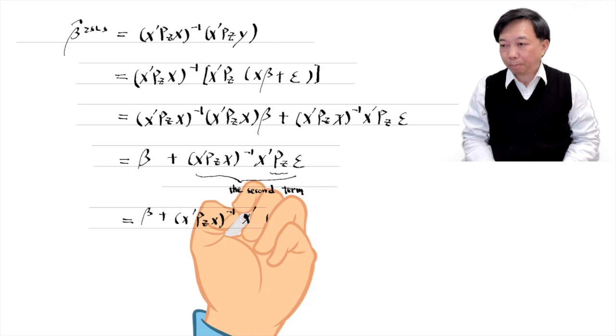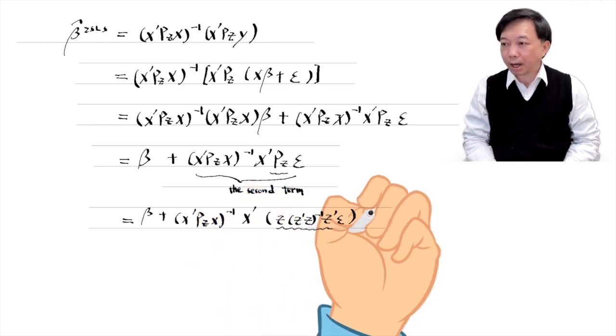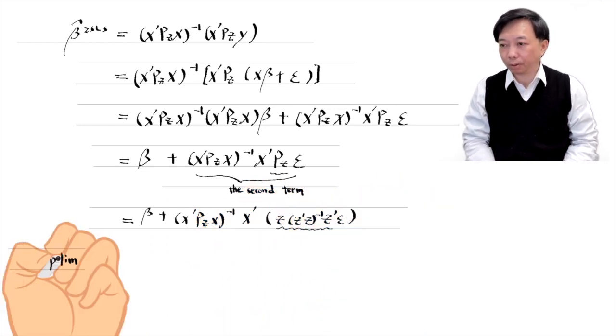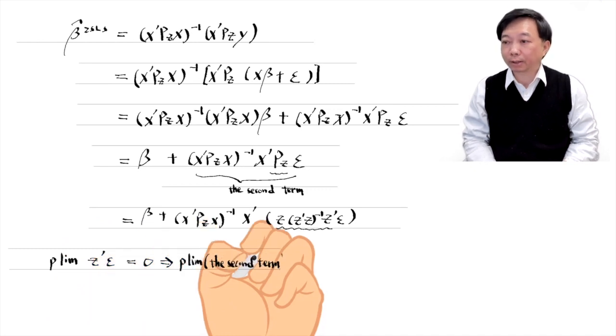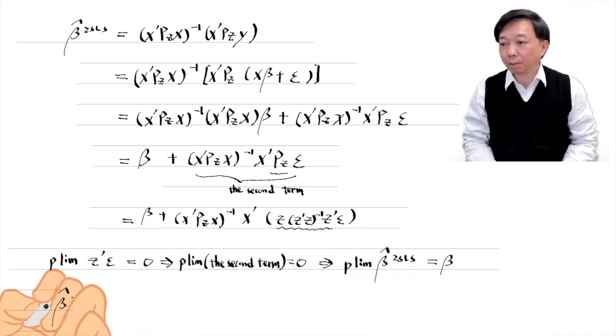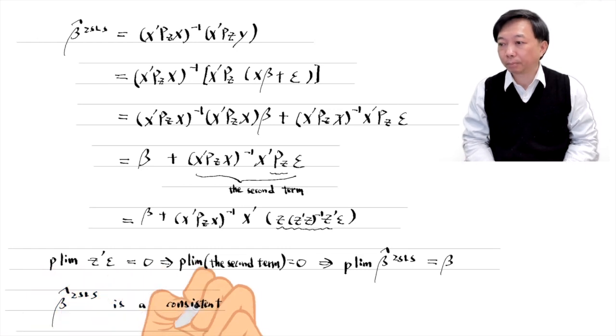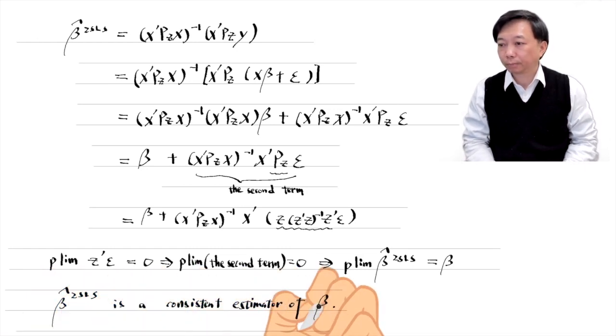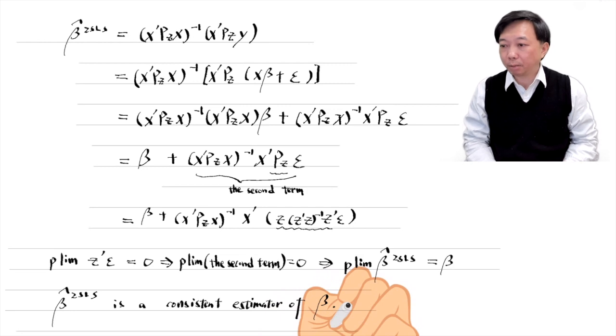Since the probability limit of z prime times epsilon equals 0 by the instrument exogeneity requirement, we have the probability limit of the second term is 0. As a result, the probability limit of the two-stage least squares estimator equals the true parameter beta. That is to say, it is a consistent estimator of beta.